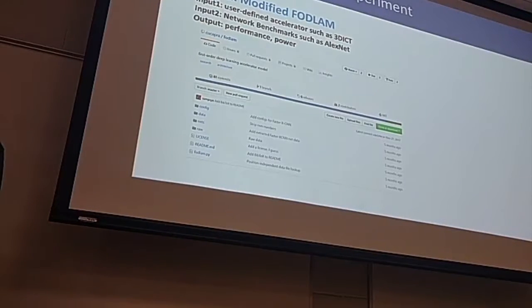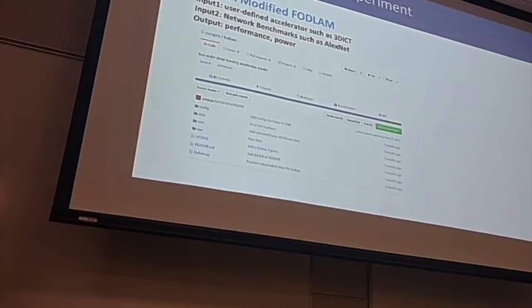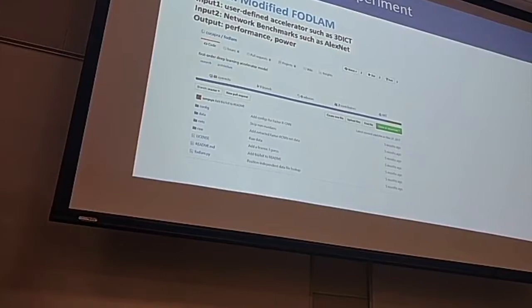And the second input is your benchmark, your network. Then FODLOM can deploy your neural network on your defined accelerator. Then it can output the performance and power.